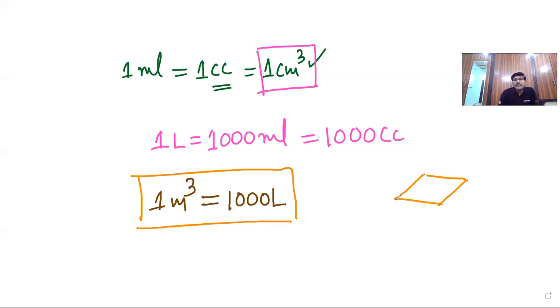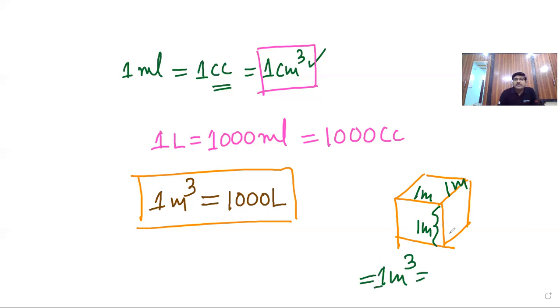If a tank is available like this, with length 1 meter, width 1 meter, and height also 1 meter, that is 1 meter by 1 meter by 1 meter. So this entire thing is 1 cubic meter.